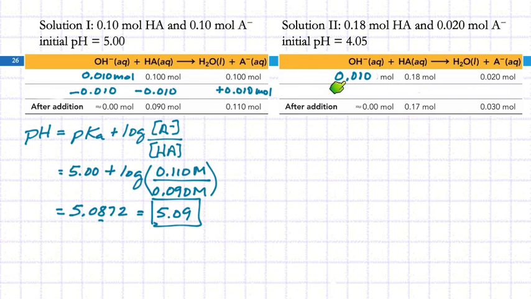So this is still our limiting reactant, so we're going to subtract that, and we're going to react out the same amount of the acid, and that will create that amount of the conjugate base. So now we have 0.03 moles of conjugate base and 0.17 moles of the weak acid.